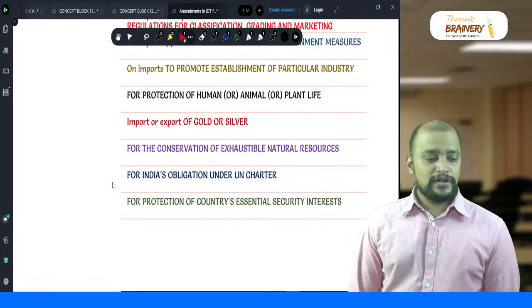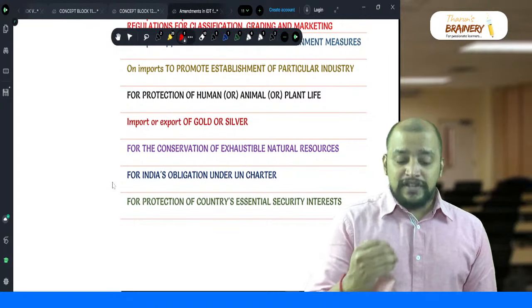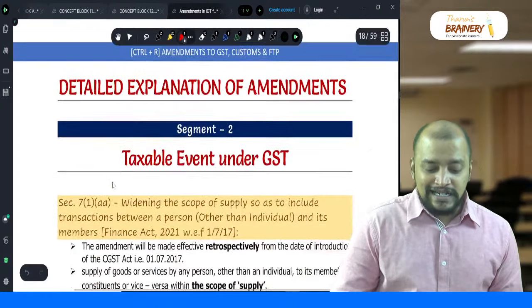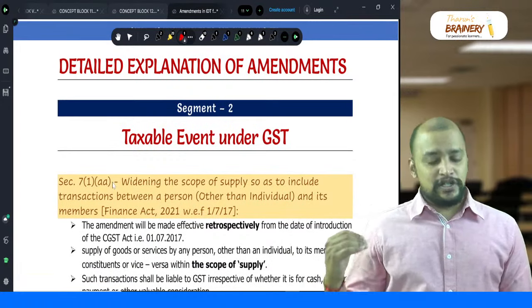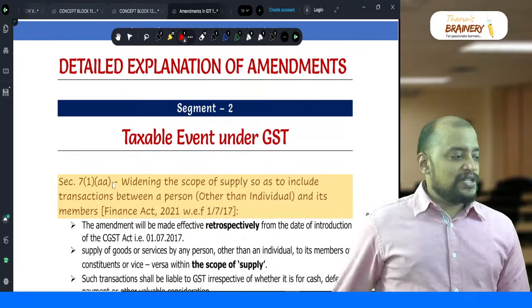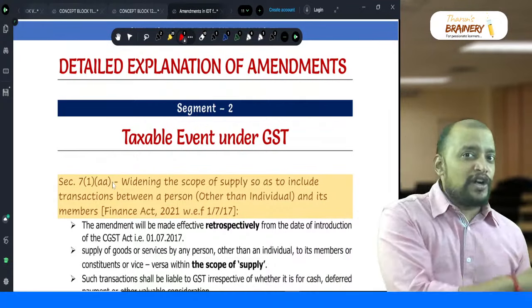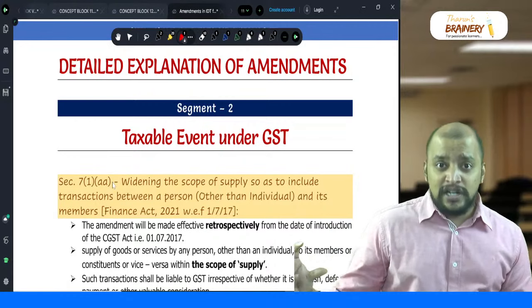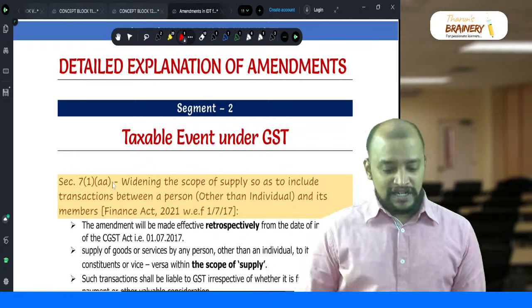It will help you out. Now we are taking a break, and thereafter we will continue with the detailed explanation of the amendments. Meanwhile, download the PDF and keep it, and if you have any doubts on the revision of amendments discussed, you can ask, and I will definitely clarify.